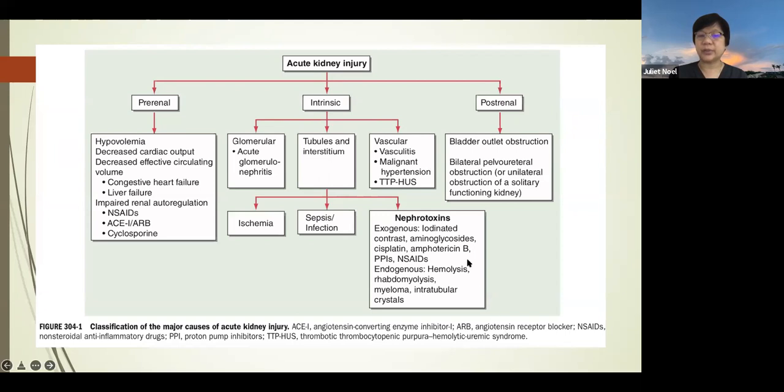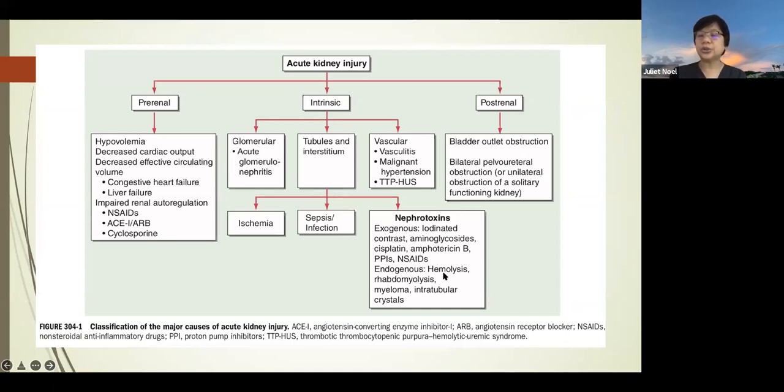Then amphotericin B, an antifungal. PPIs, which are being used left and right, like omeprazole and pantoprazole, have already been found to cause tubular interstitial diseases, and NSAIDs also.